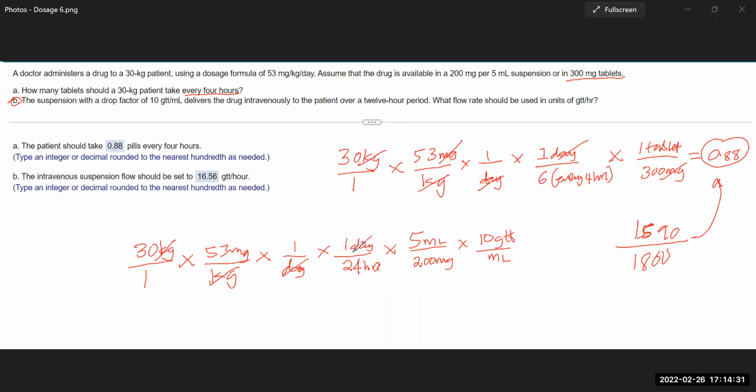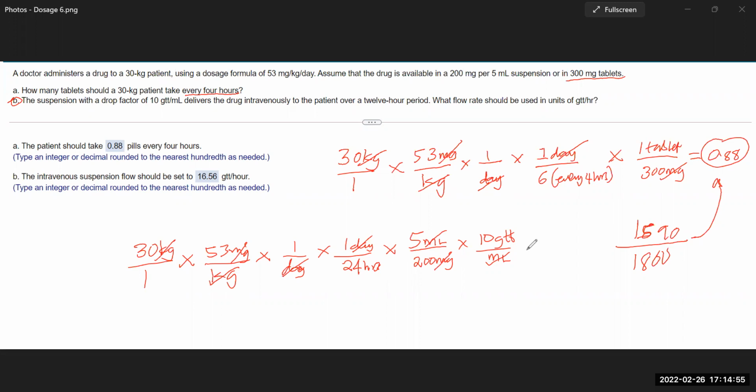Day will take care of day, mg will take care of mg, ml takes care of ml. So you notice that our answer will just be in GATA per hour. So when you do this, you do 30 by 53 by 5 by 10.